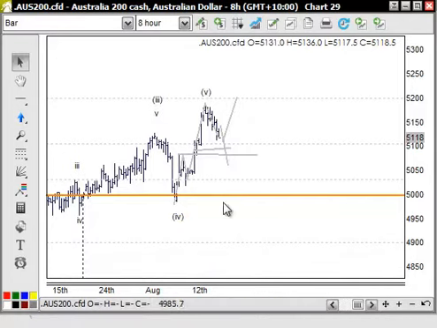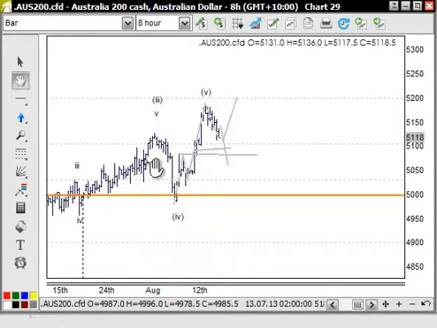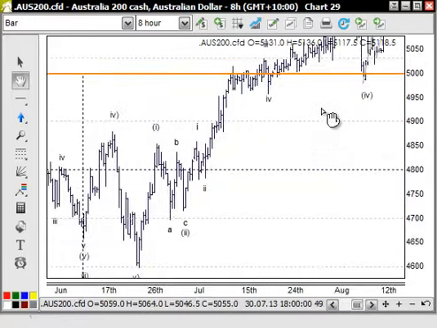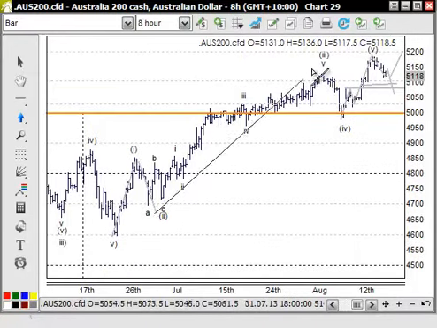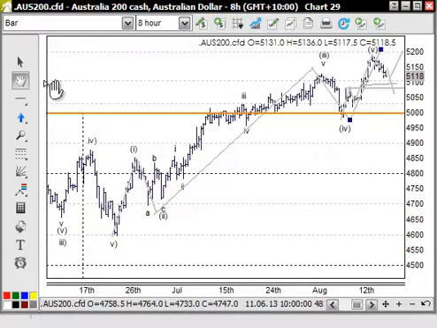We'd have to call that in from that point, and then we'd be looking for a larger structure to the downside, as I mentioned yesterday, because we've got the wave 1 here, the wave 2, and the wave 3 to here, the 4, and the wave 5 is normally the same length as wave 1 if wave 3 has got the extension in it, which obviously it has.